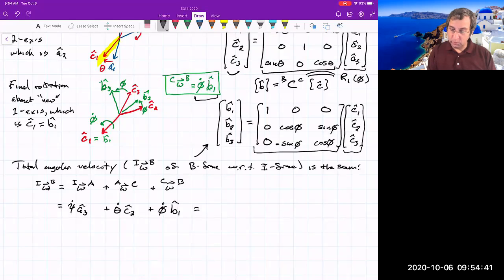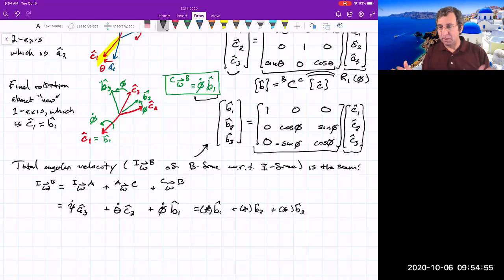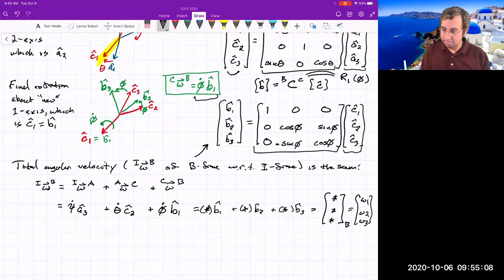And here's what we want to do. We want to write this in terms of something in B1 plus something in B2 plus something in the B3 direction. So we want to write all of it in terms of the B frame components. I'm just putting stars because it's unknown what those are right now. And this will be our omega 1, omega 2, omega 3, written in B frame components.